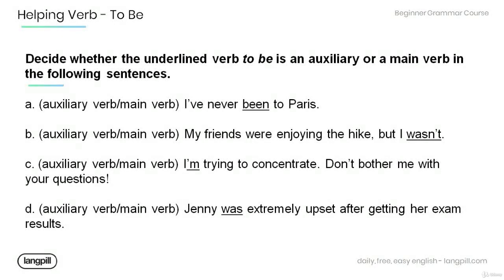Now time for you to practice on your own. Read the following sentences and decide whether the underlined verb to be is an auxiliary or a main verb in the sentence. A. I've never been to Paris.